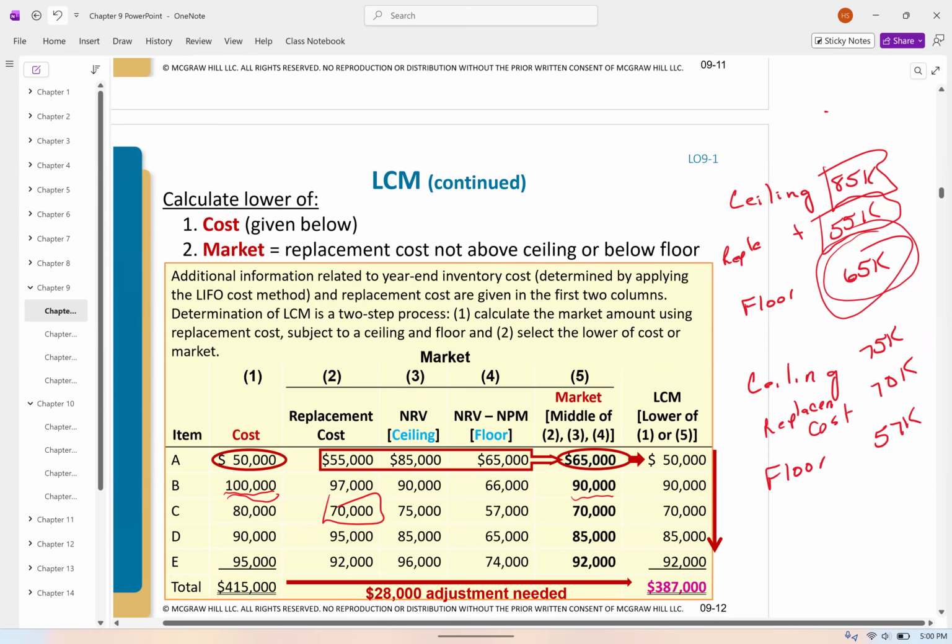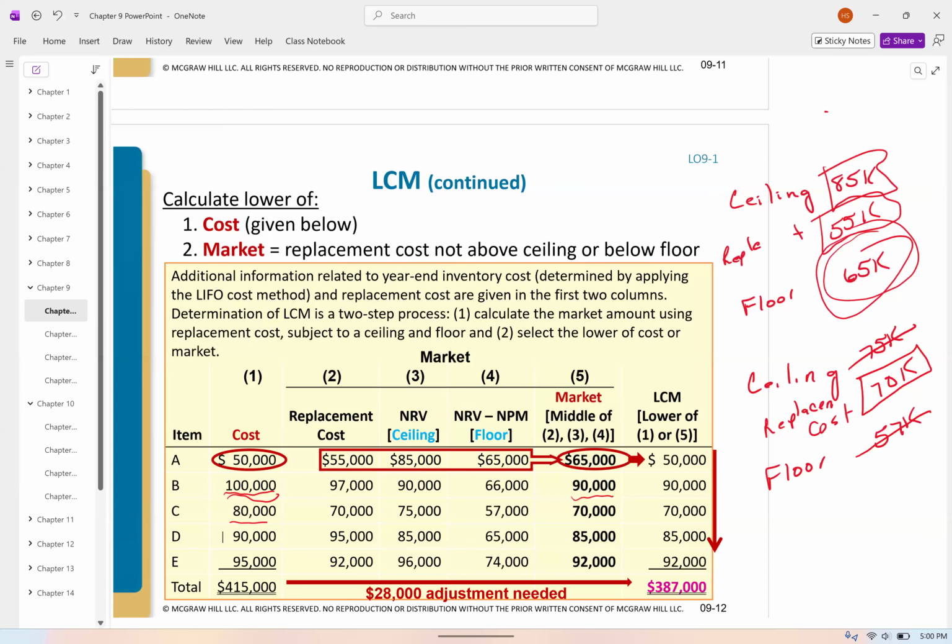There's our low, there's our high. Here is our market, 70,000. We're carrying it on our books at 80,000. Our market is 70,000. So we're going to lower that one. It's not being carried at the lowest amount.